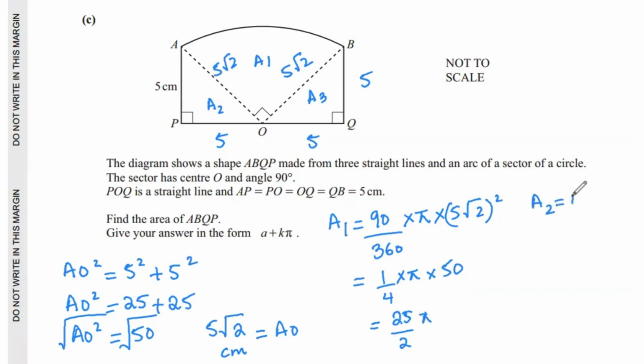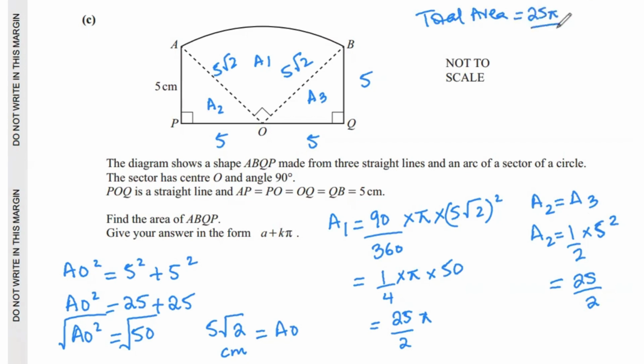A2 is the same as A3. So A2 is going to be 1 over 2 times 5 squared. So that's 25 over 2. So total area, write it over here, that's going to be 25 pi over 2 plus twice 25 over 2.